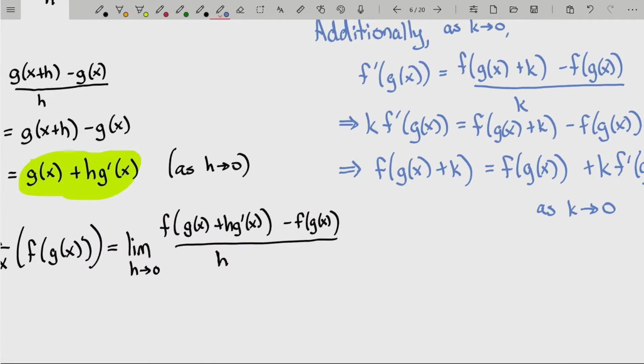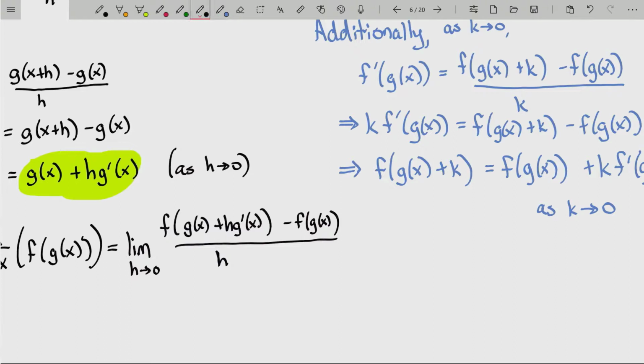Until we say, well, as long as something's approaching 0, that limit should be true. So what I'm going to do is allow k to equal h times g prime. g prime of x exists. We were told g prime of x exists. It's finite. It could be 5, could be negative 20, who knows what it is, but it exists and it's finite. So h times that as h goes to 0 still goes to 0.